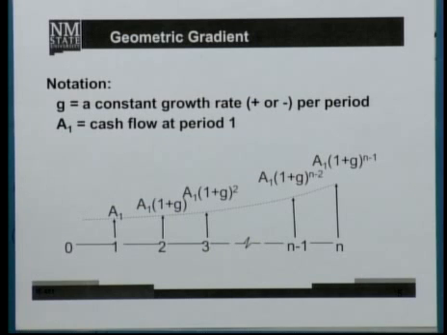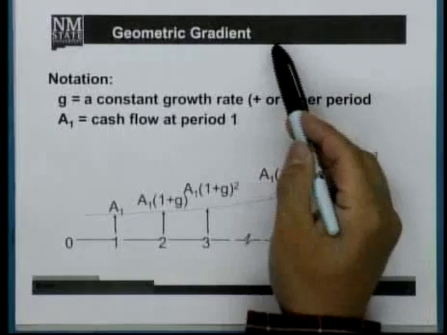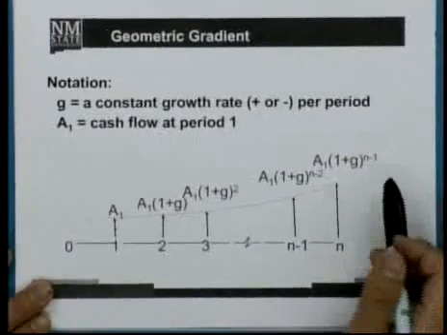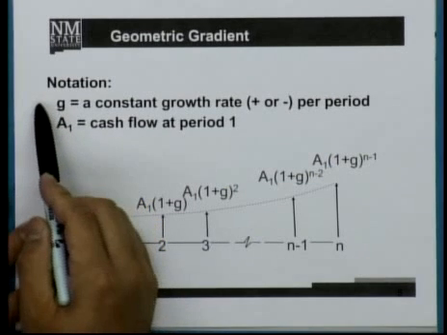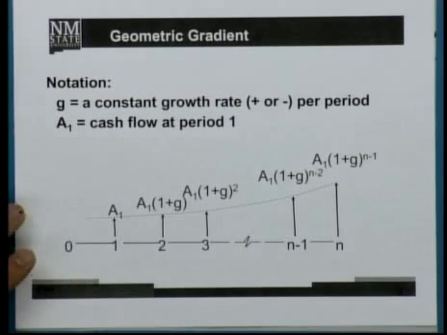This type of cash flow is a geometric gradient. Okay? So in order to discuss the geometric gradient series, we use this notation. Small g is the constant growth rate, could be positive or negative per each period, and a sub 1 is the cash flow at period number 1.